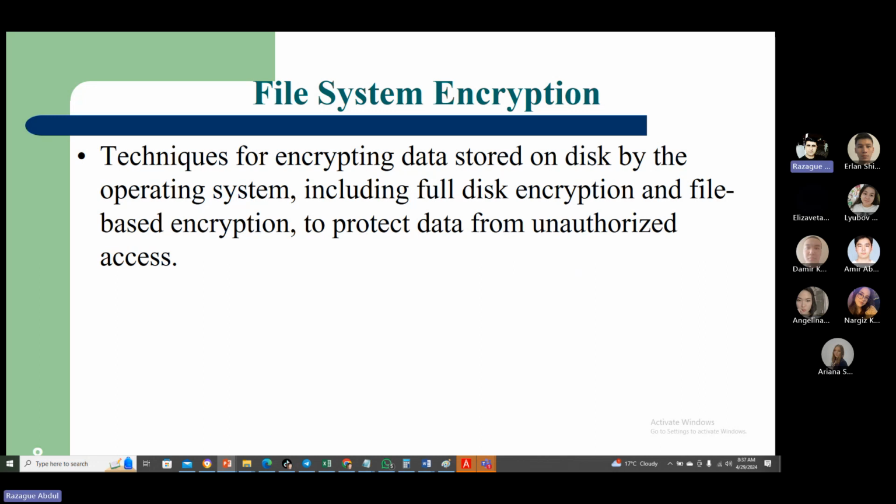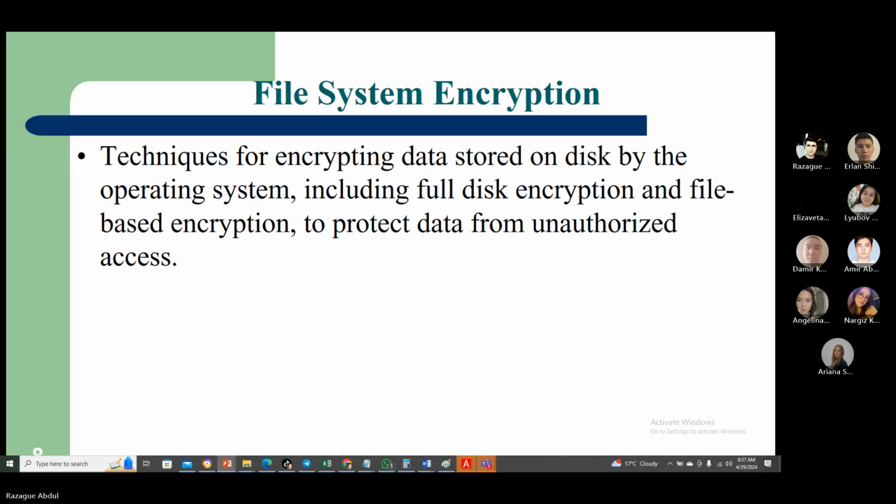So key management is also important. In many systems, keys are stored in dedicated security modules or trusted platforms to enhance security.